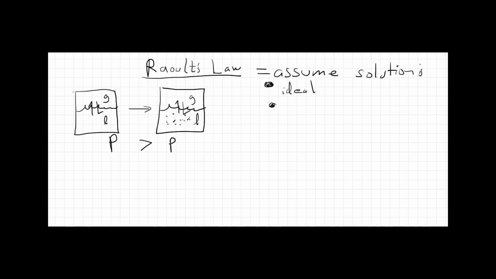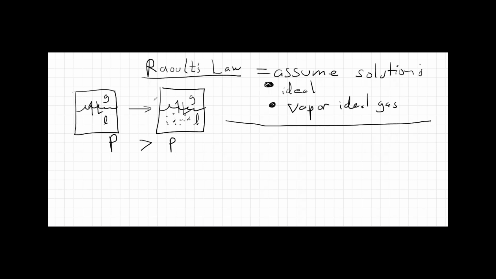We assume that, and we assume that the vapor is an ideal gas. The second assumption is usually a really good one. The top one may or may not be. It's only going to be good if the two components in the solution form an ideal solution. But if we make those two assumptions, we'll see we can get Raoult's law.